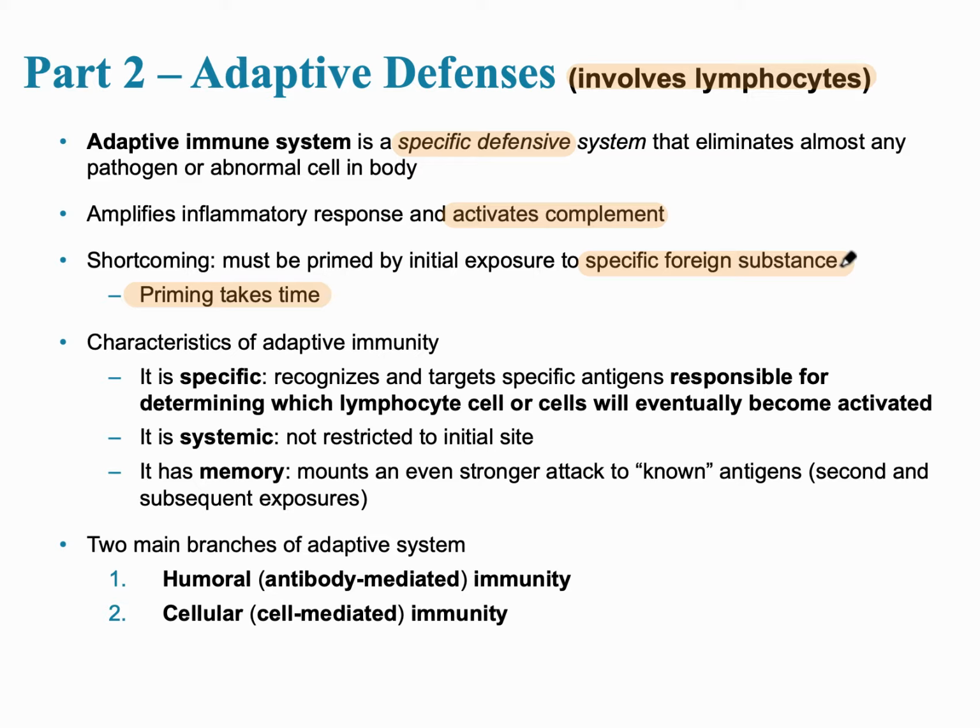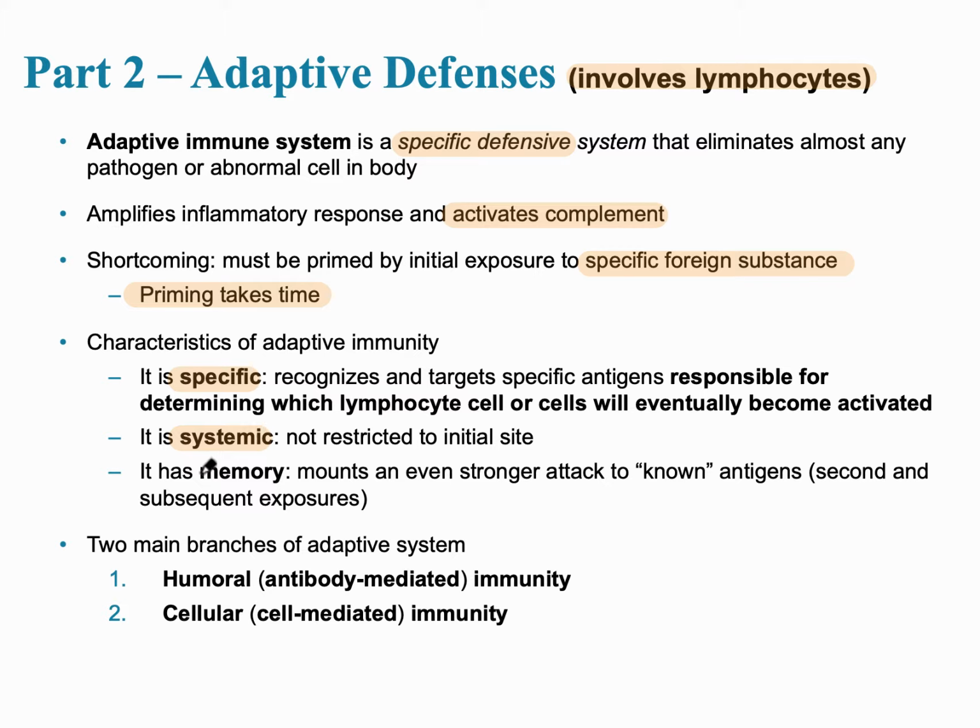So there are really four major characteristics of the adaptive defenses. The first is that it involves B and T lymphocytes. The second is that it is specific. It recognizes and targets specific antigens. And it's systemic. It's not restricted to just one area, not just to one lymph node, for example, or one organ.